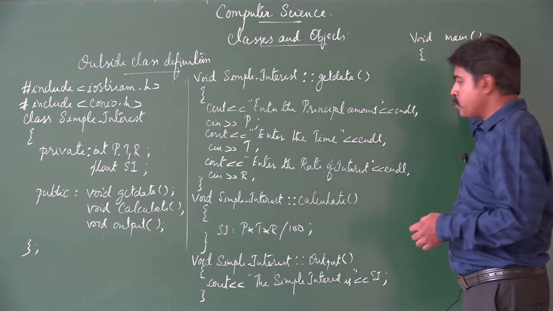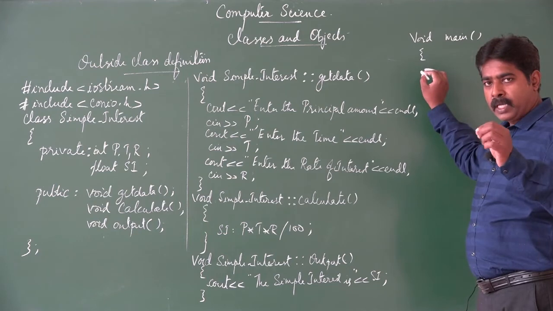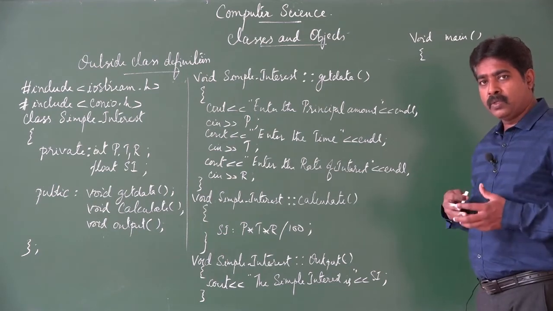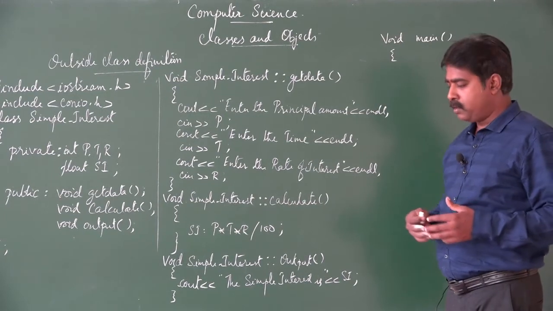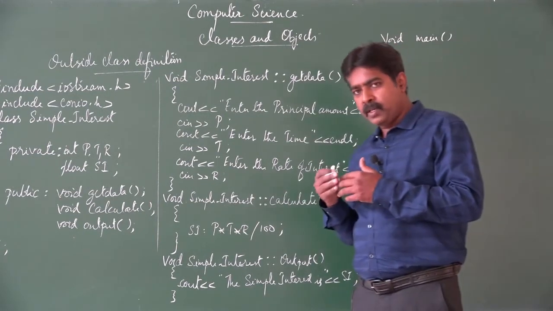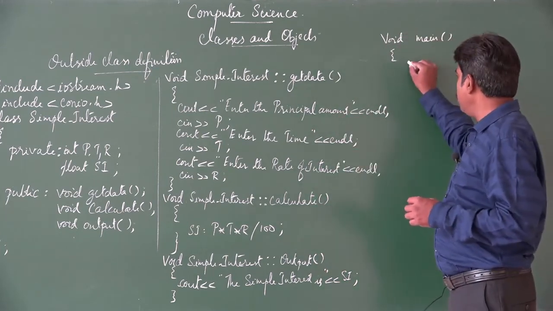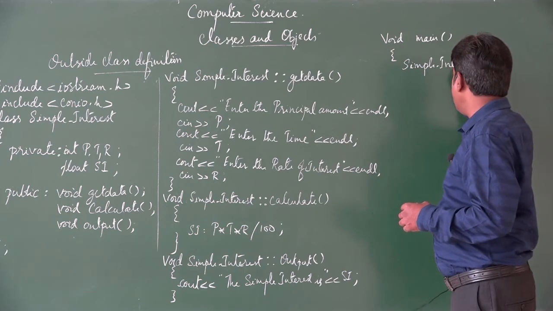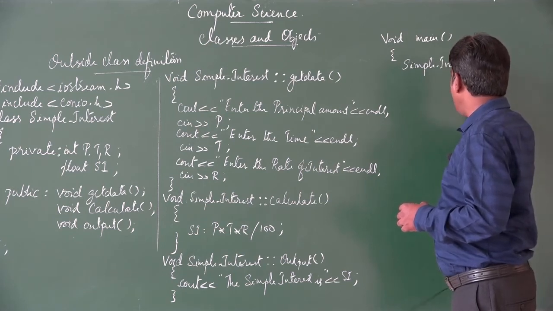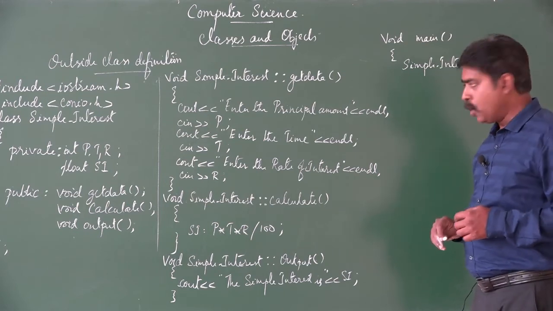Main function, open a flower bracket. Last class I told you how we need to create the object. When we create the object, it will be created as per the class name. So the class name will be simple_interest, and I take the object as S. S is the object.